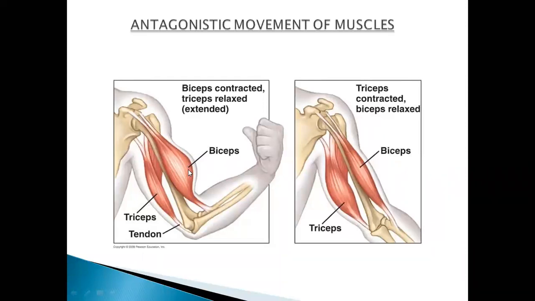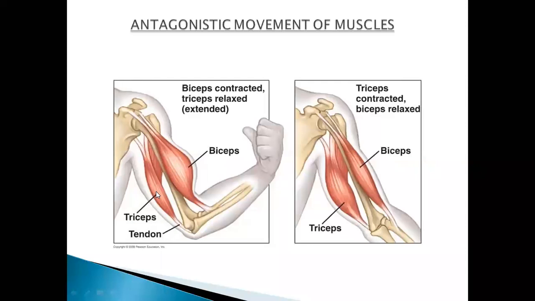So when a muscle contracts and bends the joint, it is known as a flexor. Its contracting condition is called flexor muscle. At this time, the extensor muscles are those in relaxed condition. Like the triceps is in relaxed condition, so it is called the extensor muscle. The muscle which is contracting is called the flexor muscle, the contracting mechanism is called flexion, and the extensor muscles are in the condition of extension.